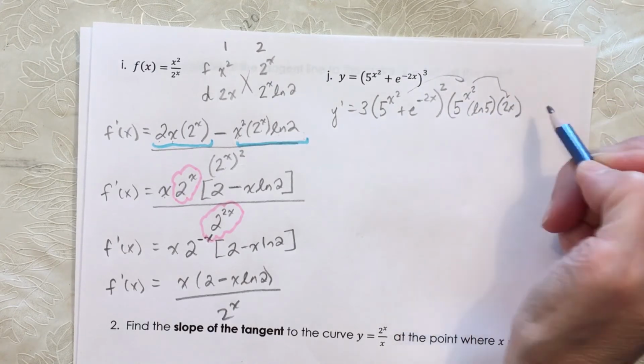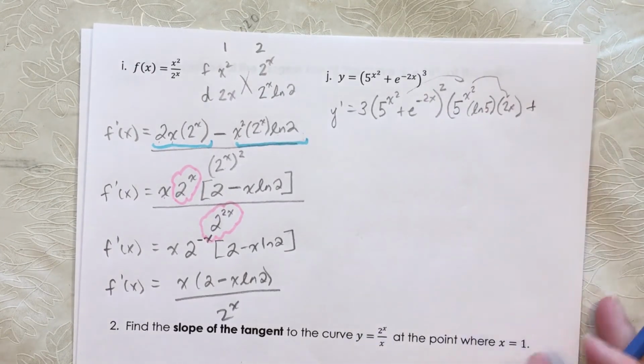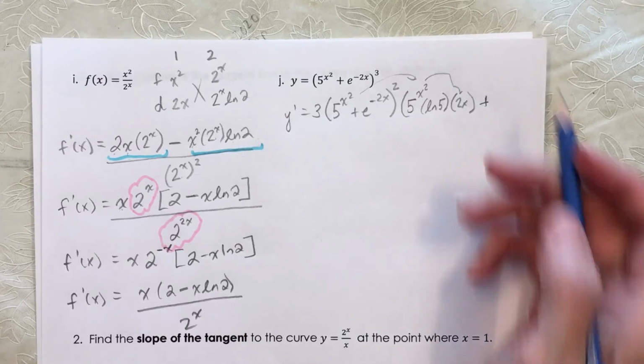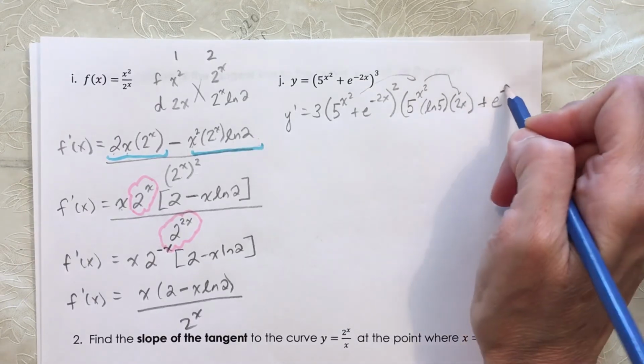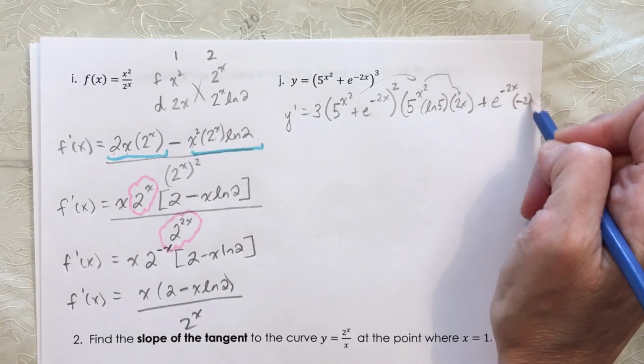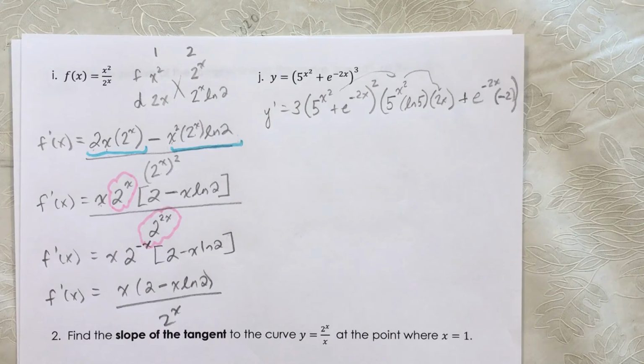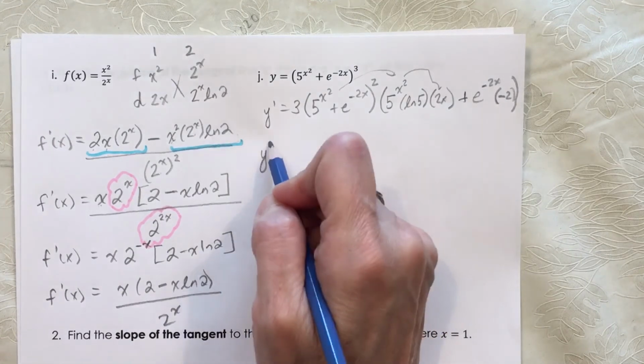times the derivative of the exponent, which is 2x, plus the derivative of e to the negative 2x, which is e to the negative 2x times the derivative of negative 2x, which is negative 2. So there's not very much I can do to make this look any nicer.